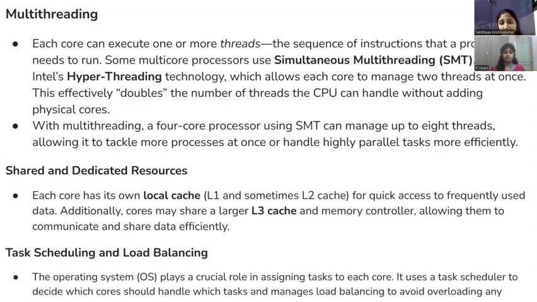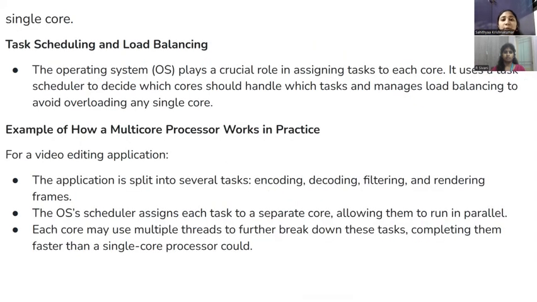Now let's see an example of multi-core processing in action. We have taken a video editing application. Let's look at how a video editing application may utilize a multi-core processor. A video editing program often involves multiple tasks that can be handled independently, like encoding, decoding, filtering, rendering frames, and so on. The OS task scheduler assigns each of these tasks to a separate core, allowing them to run simultaneously.